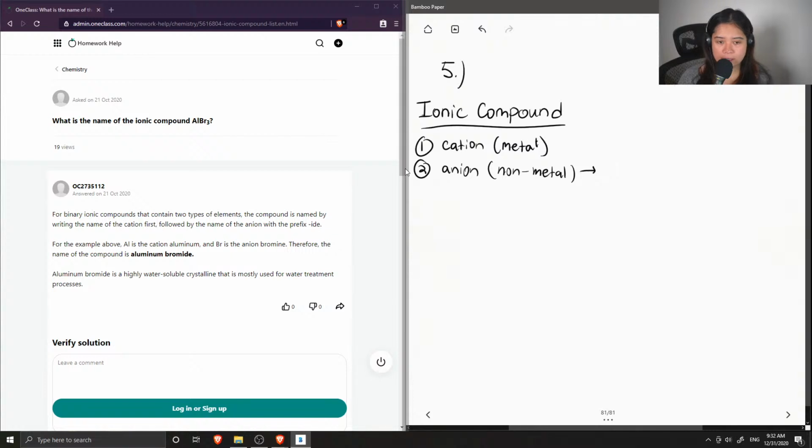And for the anion, it will have the suffix "ide." Three, if we have a transition metal that can have multiple oxidation states, then we can specify the metal charge in parentheses.